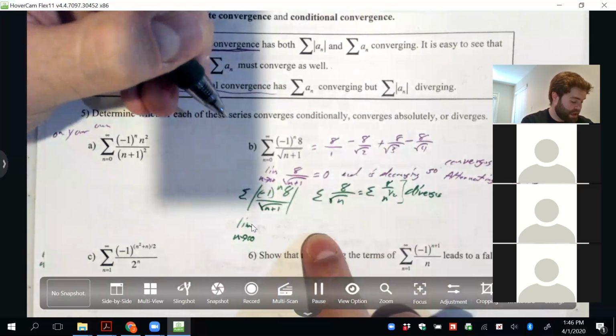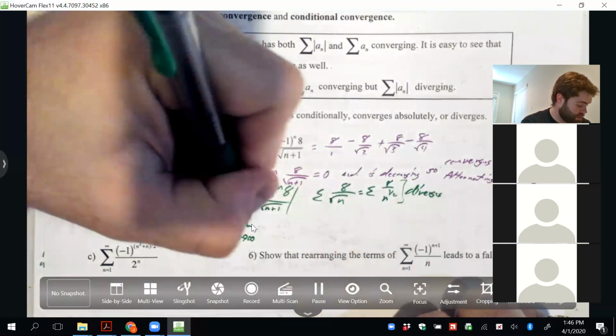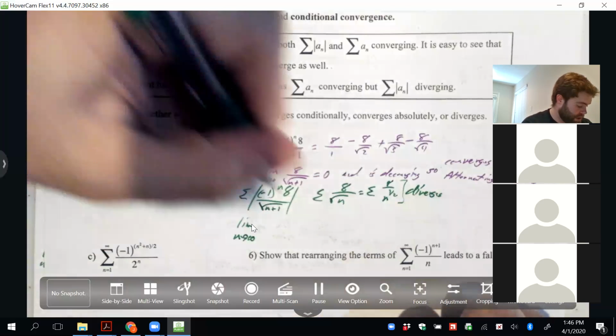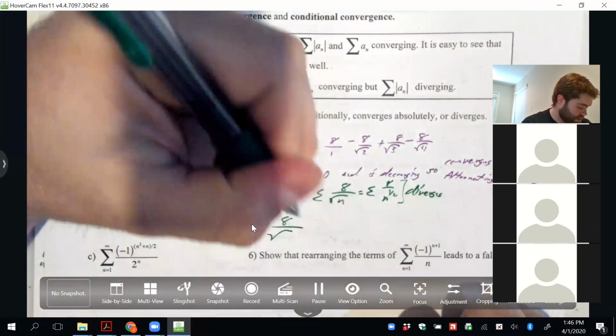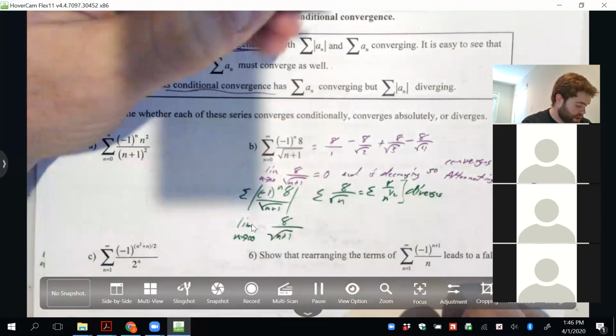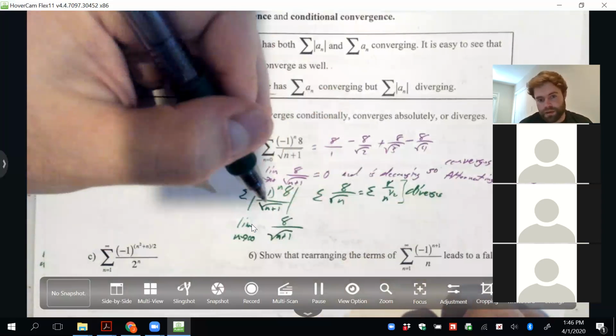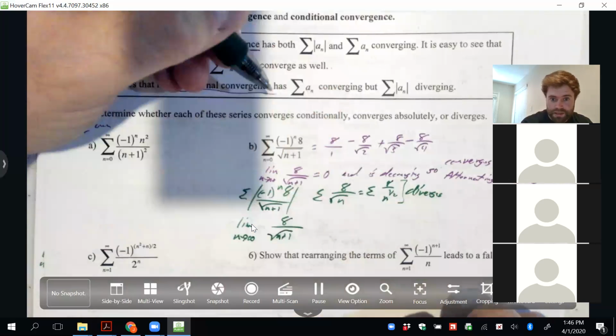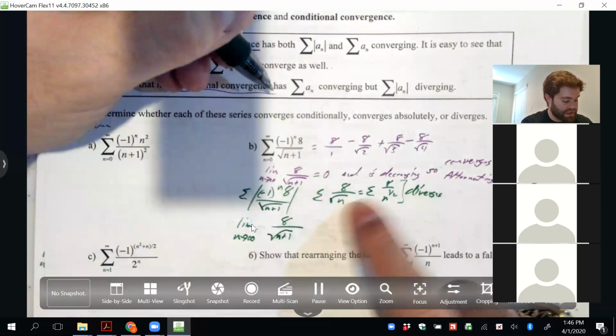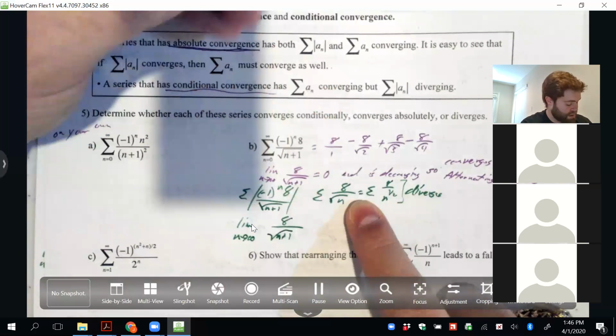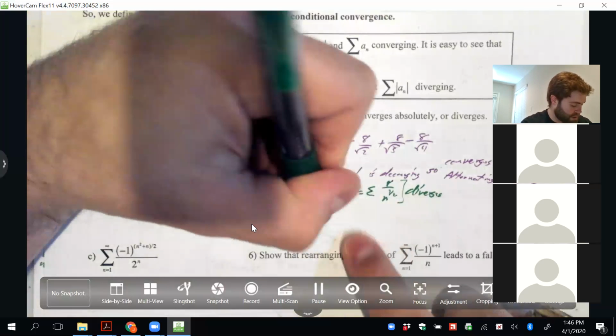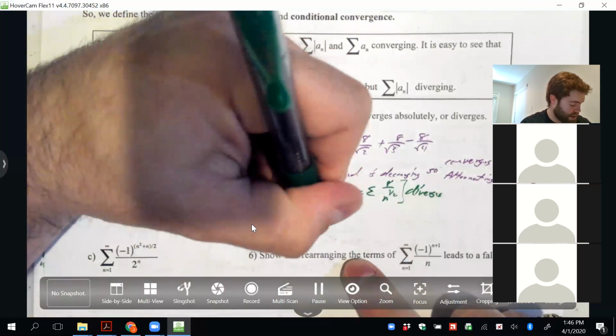Okay, so we're going to compare it to a divergent p series, which would mean the limit as n approaches infinity of 8 over square root of n plus 1, divided by 8 over square root of n. When I divide by this fraction, what's going to happen to that fraction? Flip and multiply. So now I'm just going to have square root of n over 8 like that.